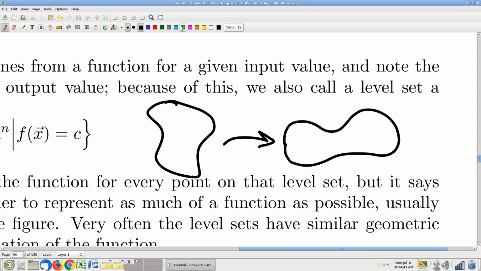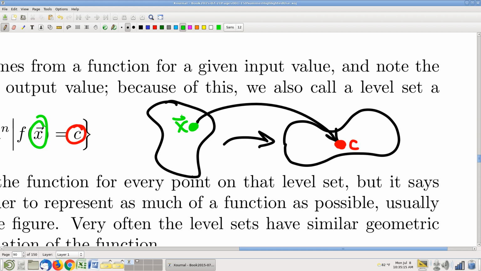If you have some value x in the domain, plug that into the function, and out comes some output value f of x, and let's suppose that output value is c. The terminology we would use here is that the image of x is c.